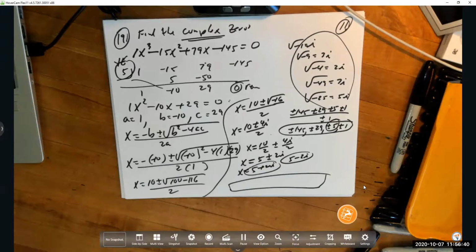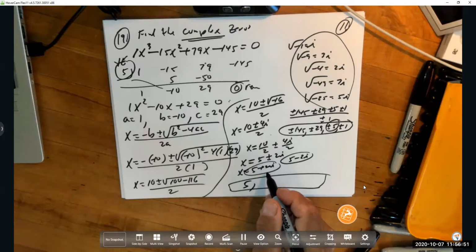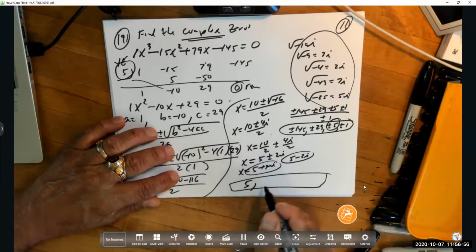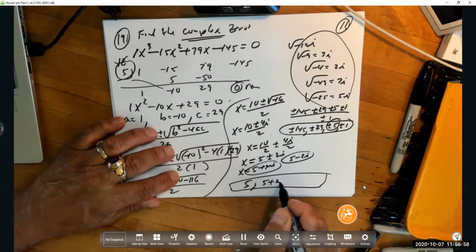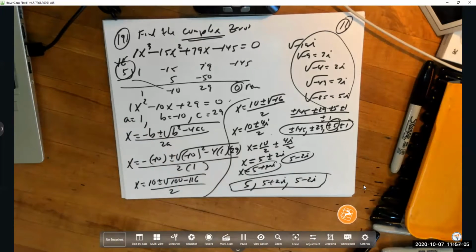What is the first answer? 5. X equals 5. What's the next number? X equals 5 plus 2i. Yes. And the last answer? 5 minus 2i. Yes, that's it. Those are the 3 answers: 5, 5 plus 2i, 5 minus 2i. Okay, that's number 19.